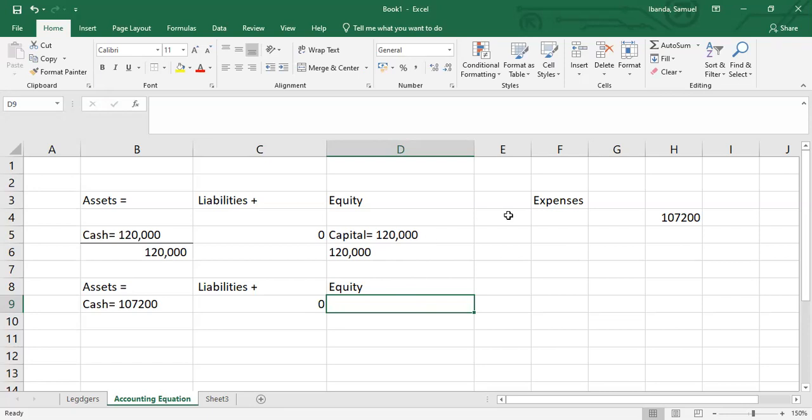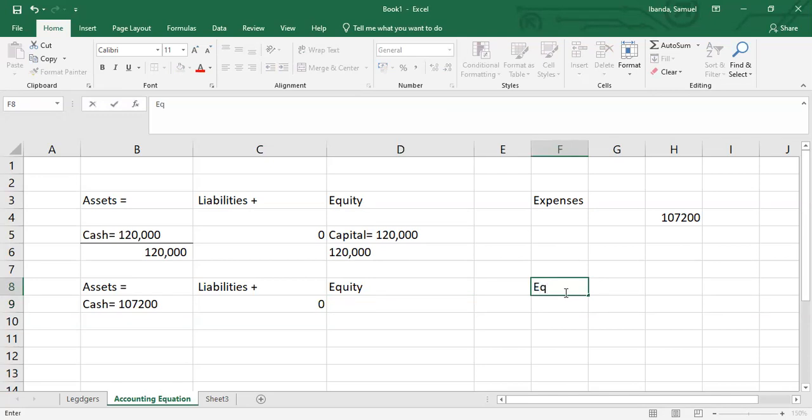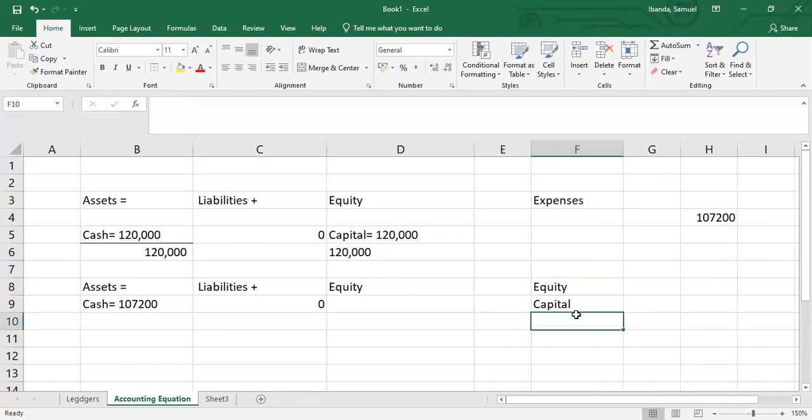Now, as we proceed with our studying, you'll get to understand that equity is not just capital. Remember, equity is the residue of assets after removing liabilities.